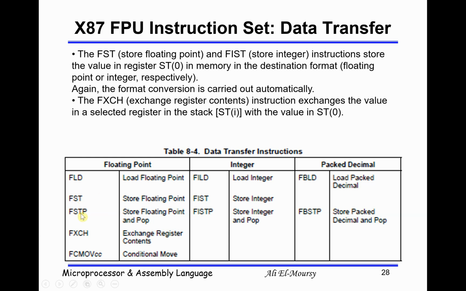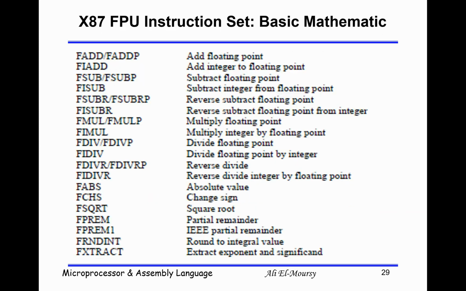FSTP does the opposite, which is popping. Those two instructions just do the push and the pop, the equivalent of pushing and popping for a stack, but here it is a stack of registers, as we will explain shortly in the next example. The other mathematical operations do a mathematical operation in addition to the push and the pop. To demonstrate how the machine works, we will see in the next slide how things may be demonstrated.